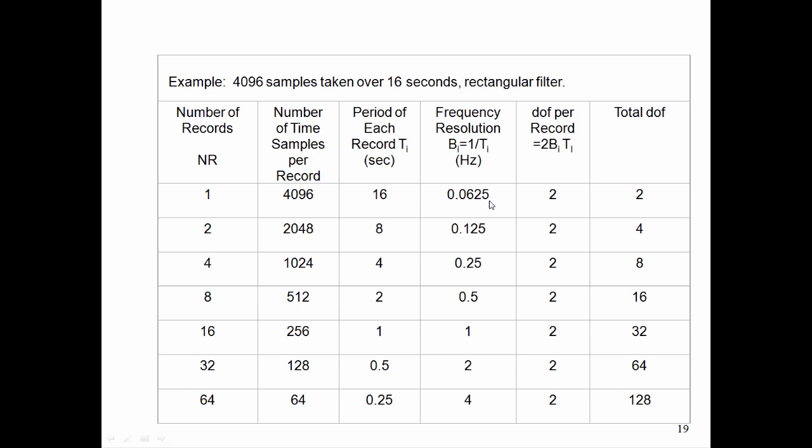And of course, there are some cases where some intermediate choice might be appropriate. In some cases, if we're taking a power spectral density of measured data, we might actually want to try several different choices just to see what makes the most sense. And really, to a large degree, the final choice depends on engineering judgment.